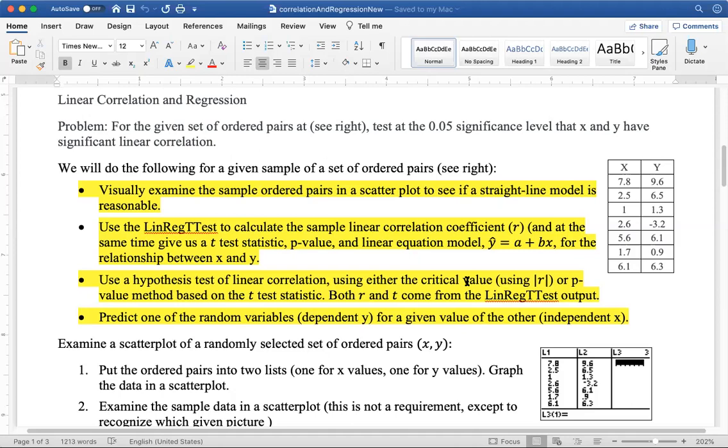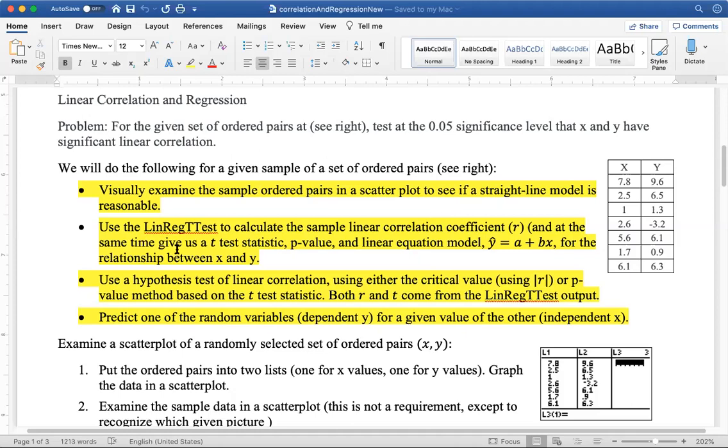In other words, we're going to reject the claim that the linear correlation is 0. We're going to say there is significant linear correlation. And if that is the case, we're going to try to use the model that we come up with to make predictions for a given X. What is the corresponding Y that we would expect to see?